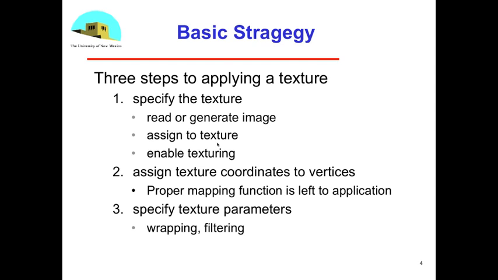Now we'll start off with a very basic approach that is a three-step process. We're going to look at some other steps a little bit later, probably in the next lecture, that discuss in a lot more detail things that you can do to control textures more precisely. But the three basic things you have to do: one, the texture. What is that image going to be? We're either going to generate it by some code, or we'll read it in from someplace.